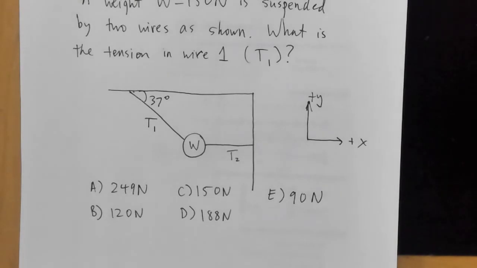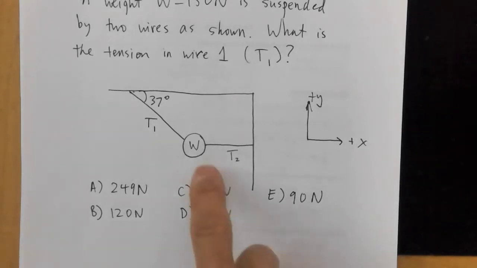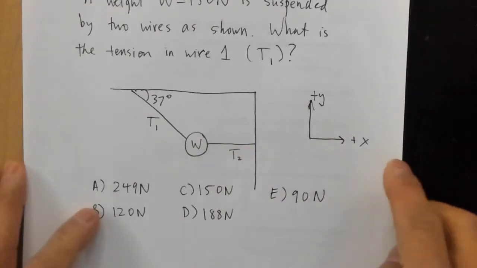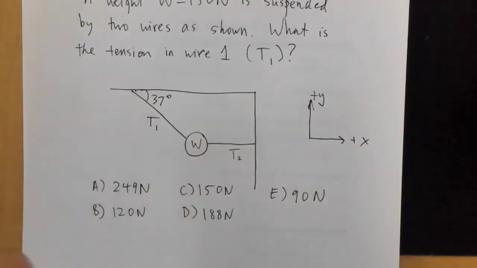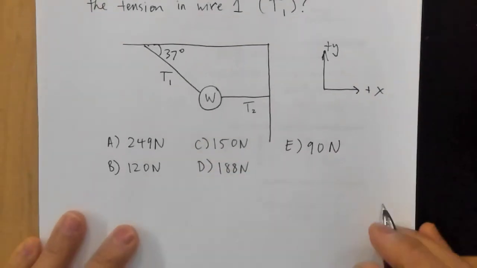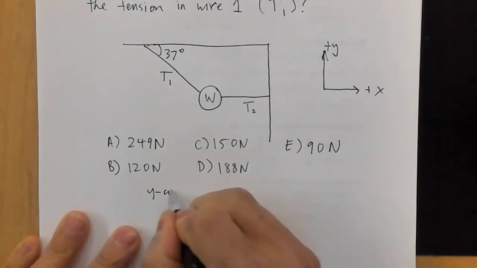I'm going to try to solve the problem without ever solving for T2, because they asked for T1. How can I get rid of T2? What's one way of doing that? Yeah, perfect. Because T2 is horizontal, if I solve for the y component, it doesn't play in the game. So I can just get rid of it. Because of laziness, we're going to solve for the y component.